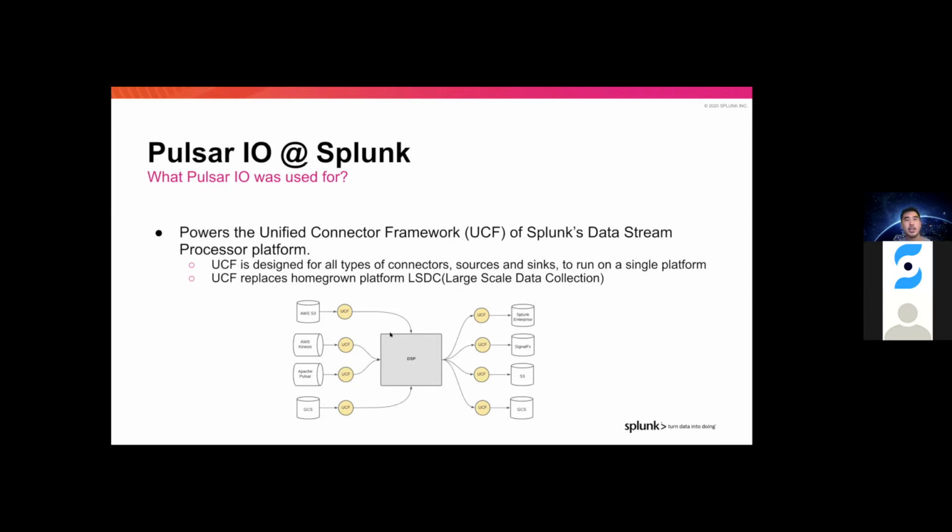But the general idea is depicted in this diagram, where we have a wide variety of sources, or external platforms, that we could ingest data from, and we're leveraging the UCF platform to get the data from those external platforms and ingest it into SPS or DSP, and also a set of connectors or sinks to egress that data into Splunk Enterprise or a variety of other systems.